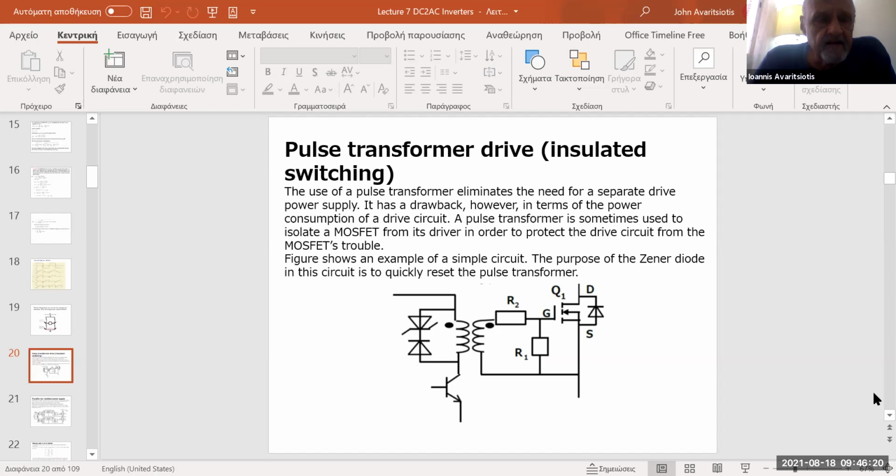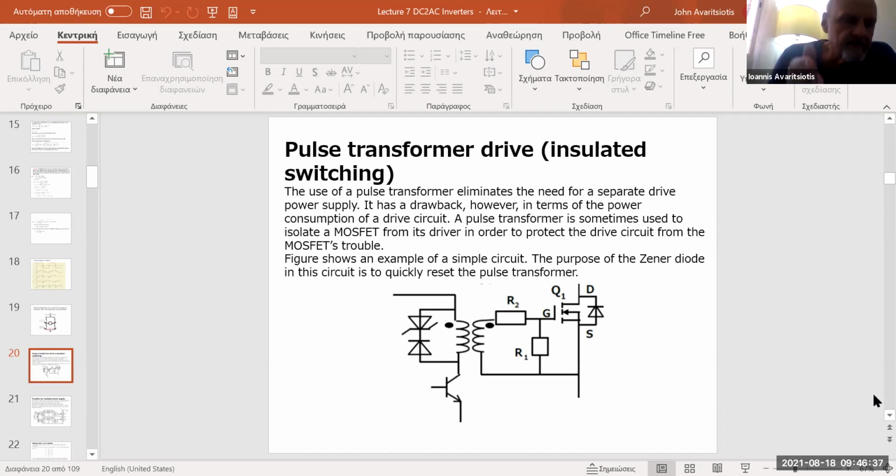And you can find on the market off the shelf a great variety of pulse transformers for every application in power electronics.